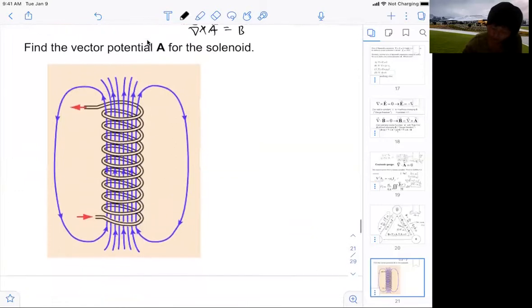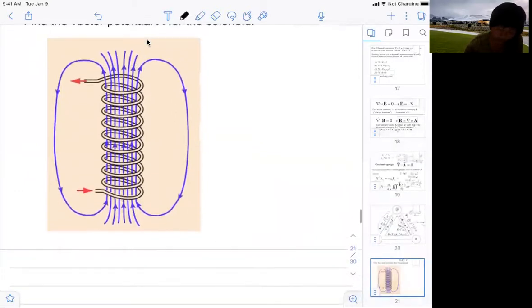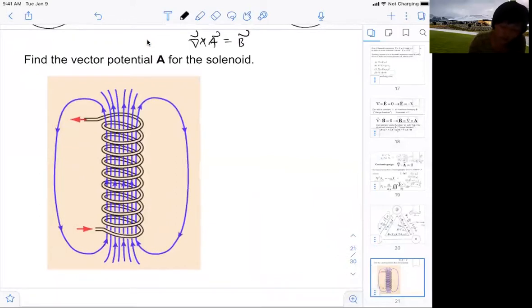Okay, let me add a page. For the solenoid, actually I'll take that back. In this case, we have to already know something about the solenoid, because the method I'm going to take is based upon the assumption that we already know something about the B field of the solenoid.